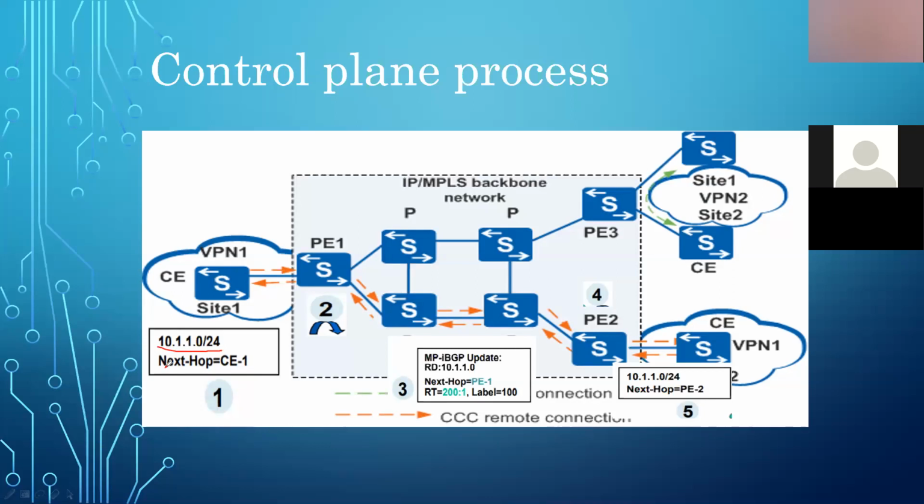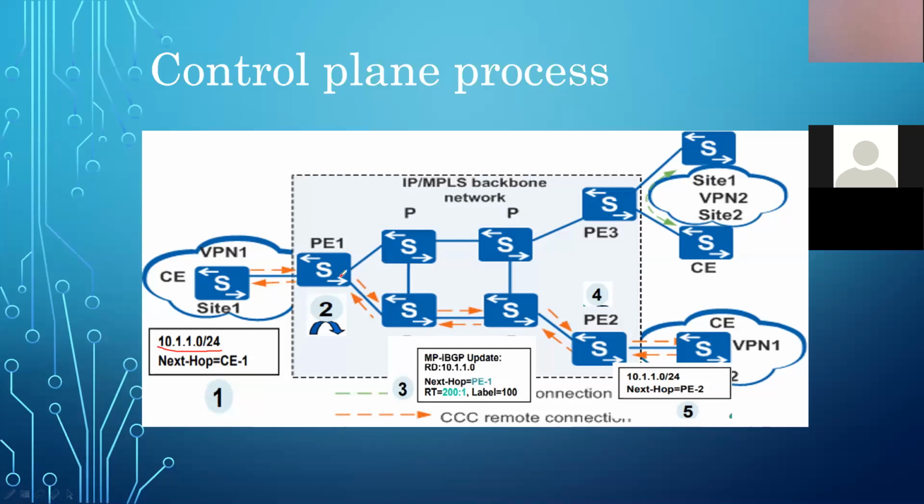CE1 will forward this data to the provider edge PE1, and PE1 will receive the IPv4 from this CE1. It can receive this IPv4 address with eBGP or OSPF or IS-IS and other routing protocols, and forwards to the next stop.